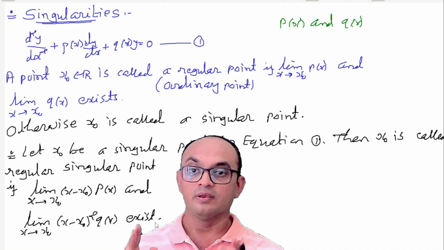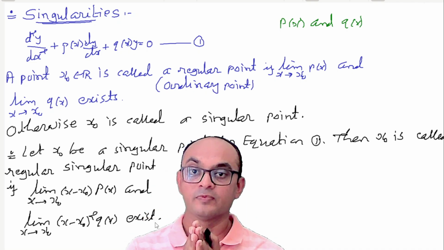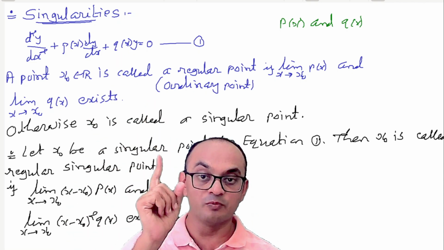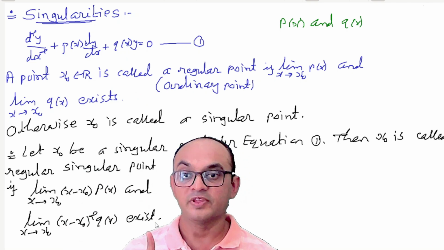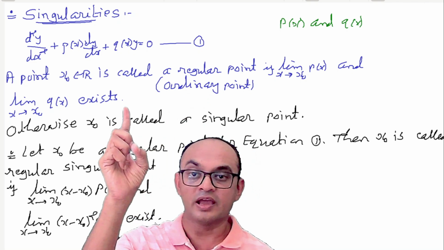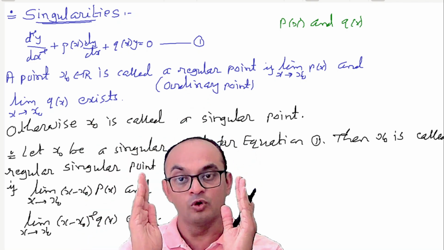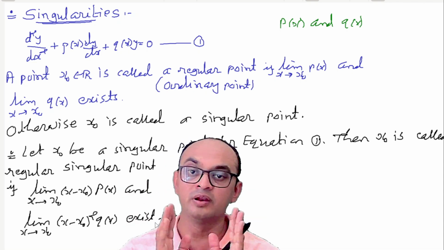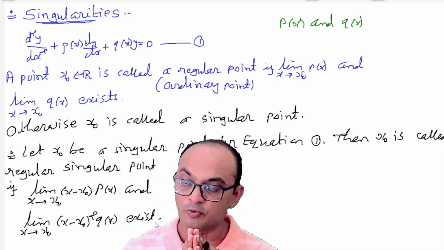See, I repeat. We have the differential equation, we fix one point, say x0, and I check the limits of p(x) and q(x). Suppose both limits exist, then it is called a regular point. If any one limit or both limits do not exist, then it is called a singular point.